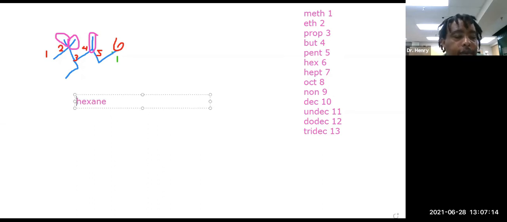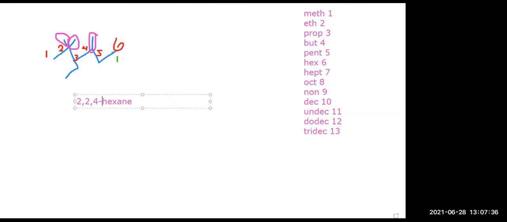So if there are 3 of them, I'd put the numbers. So I have 2 on the second carbon, and I have 1 on the fourth carbon. And then what do I need to put in front of the methyl? Prop.